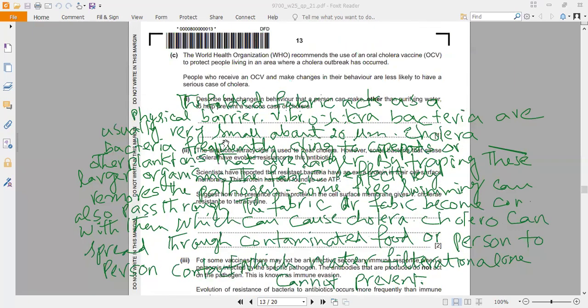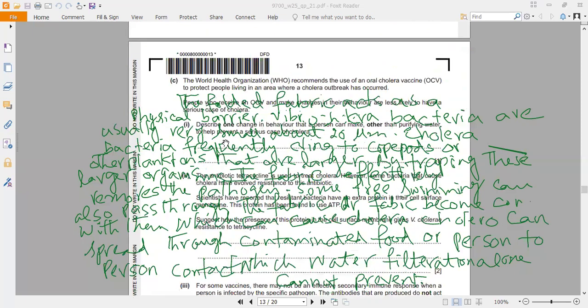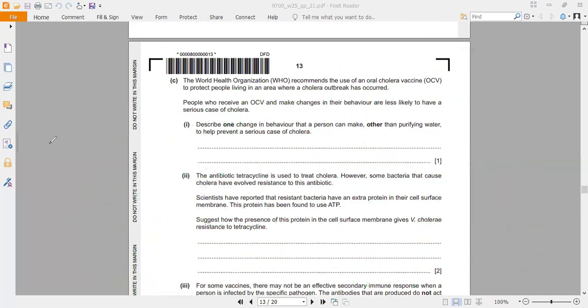Now moving towards part C of this question. The World Health Organization recommended the use of an oral cholera vaccine to protect people living in an area where an outbreak has occurred.